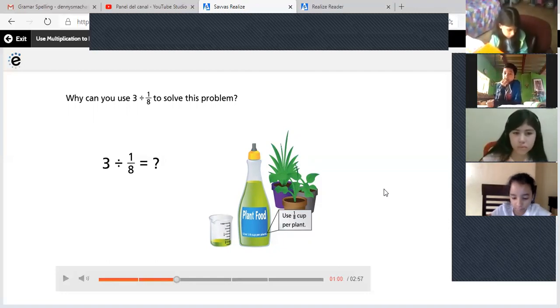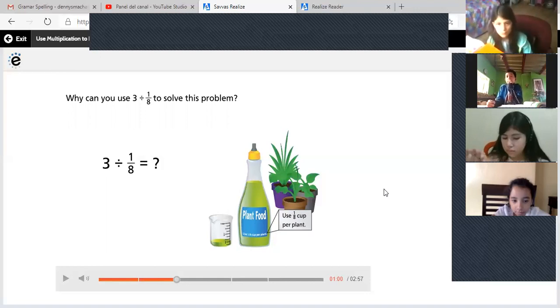Why can you use 3 divided by 1/8 to solve this problem? Why, guys? Because there are 3 cups, and 1/8. Yes, and then you use 1/8 cup per plant. Each plant needs 1/8, right?